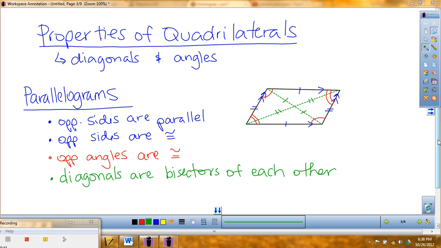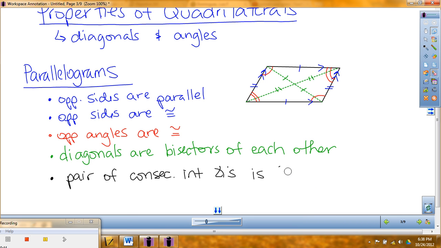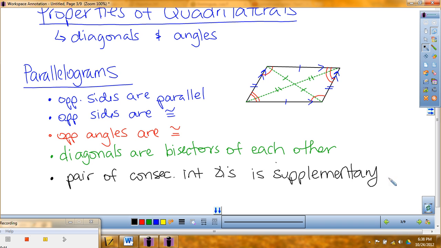And last but not least, since we are dealing with parallel lines, we get a final property: any pair of consecutive interior angles is supplementary, or equal to 180.